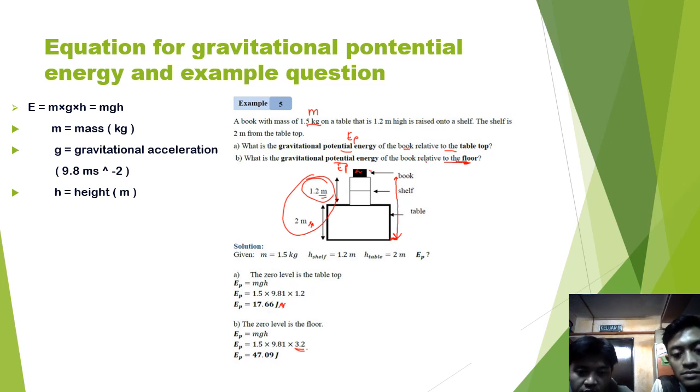So the answer is 17.66 joules. For question B, the zero level is the floor. So E equals mgh, which is 1.5 times 9.81 times 3.2. So the answer is 47.09 joules.